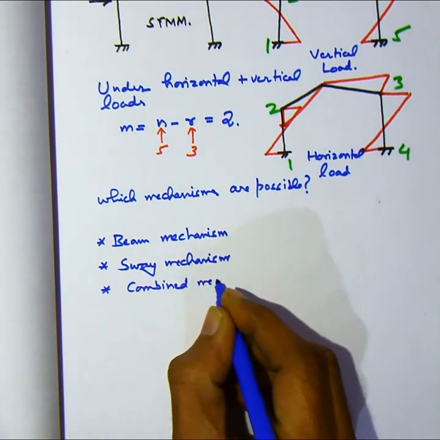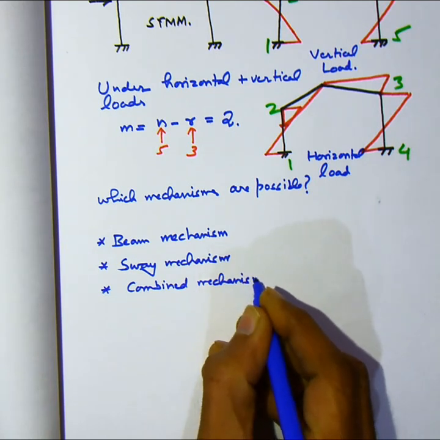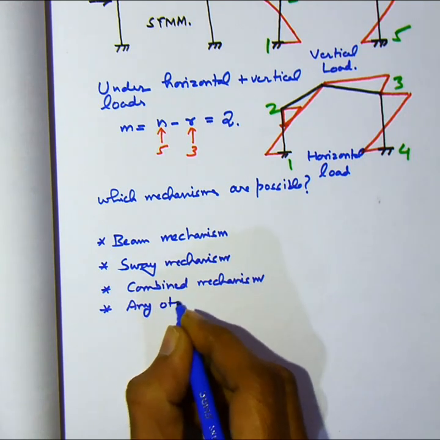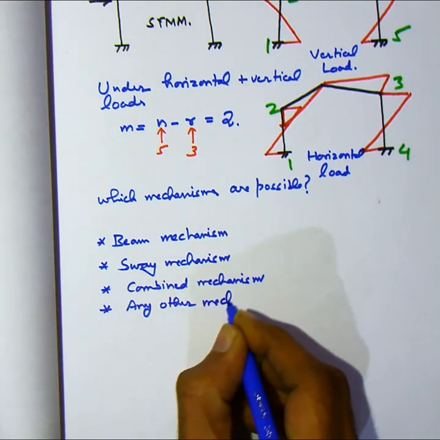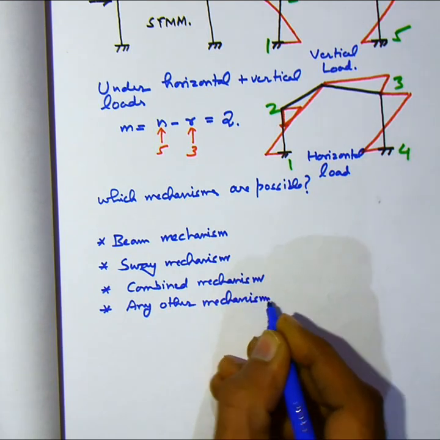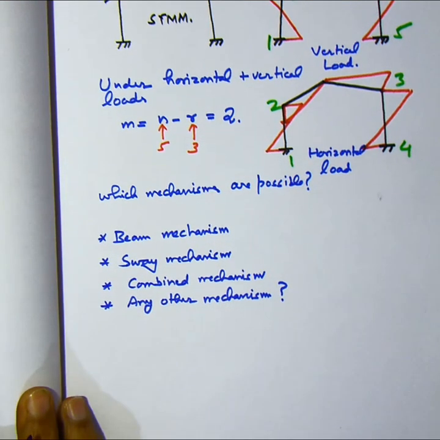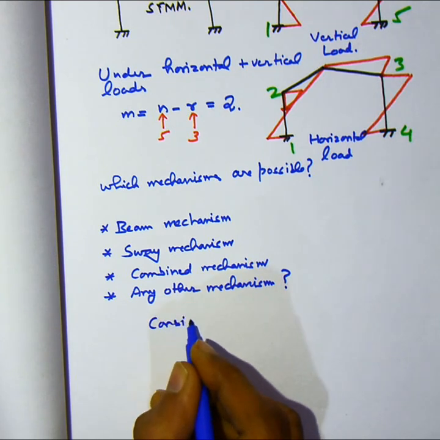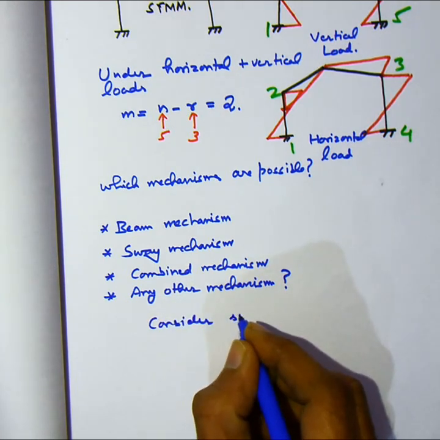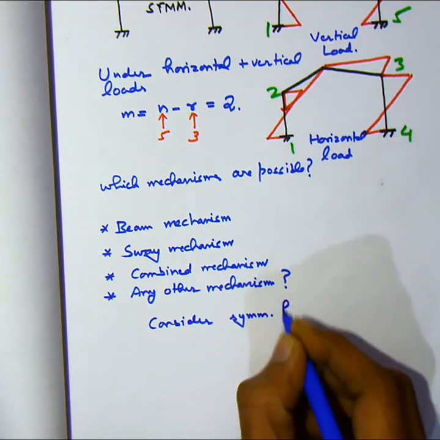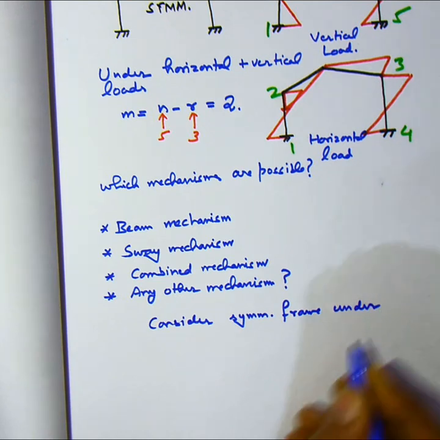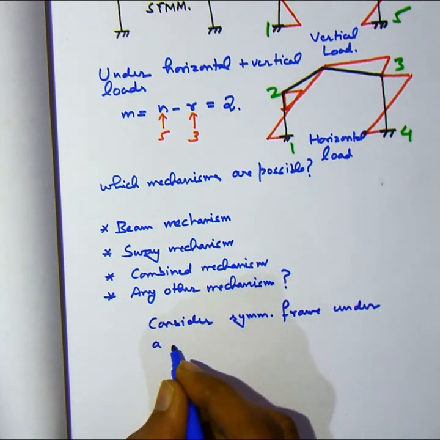And then we may have the sway mechanism, because here definitely we have the horizontal load also, and then there could be a combined mechanism also. But here the combined mechanism will be different from what we have learned, or there may be any other mechanism also possible, because we are venturing into a new area, a new type of structure. Okay, so these are possible issues which we should keep in mind.